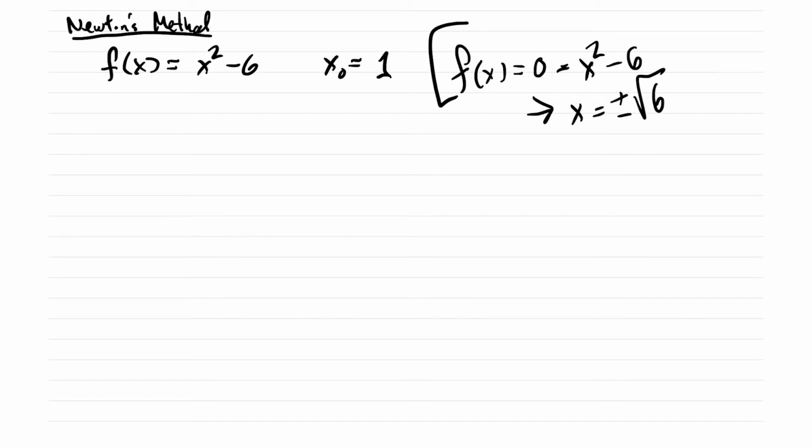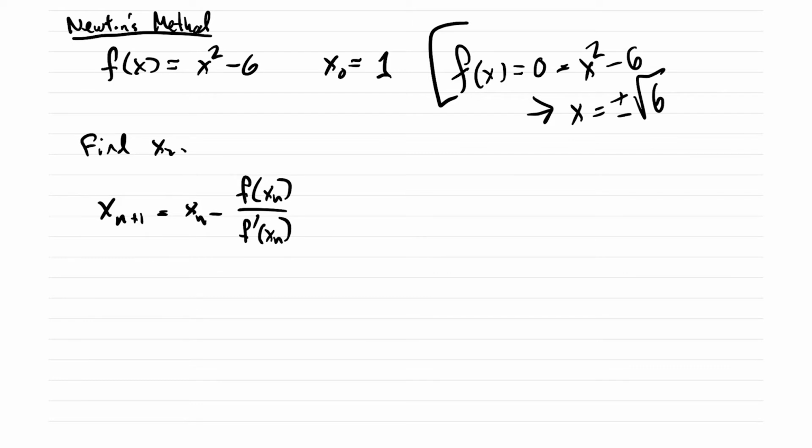So they want us to use Newton's method to find P2, so we'll just say x2. If you remember, x n plus 1 should be equal to x n minus f of x n divided by f prime of x n.